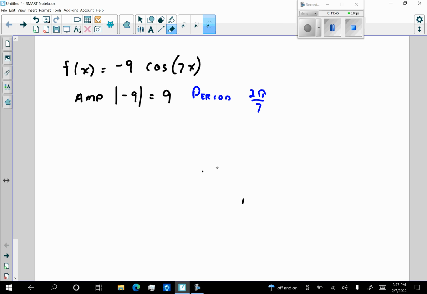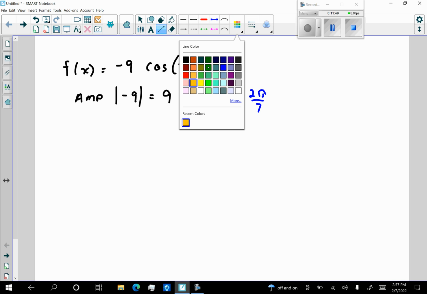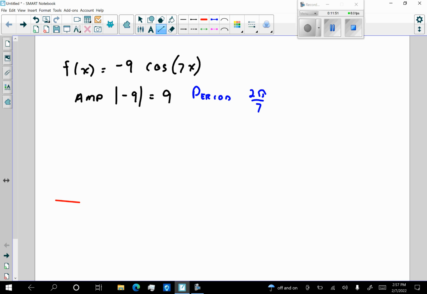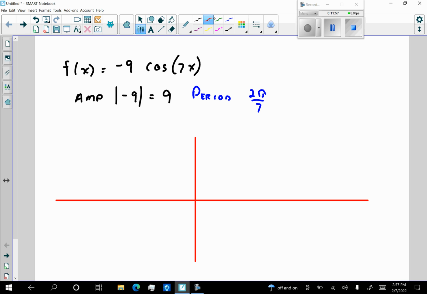And so we're ready to sketch the graph of this rascal here. So let's do it. Here's my x-axis. Here's my y-axis. I'm going to split it up into fourths. And I am going to get a maximum and minimum.